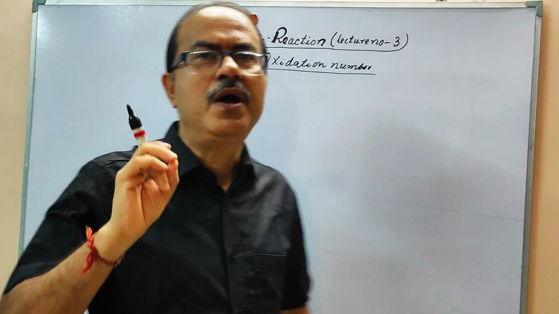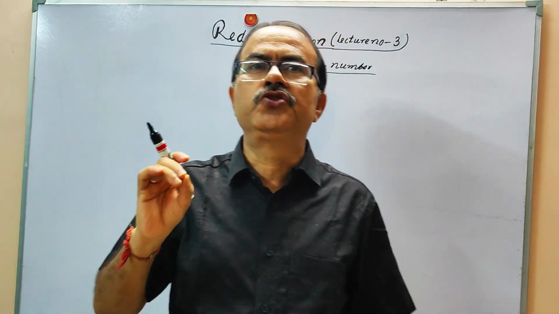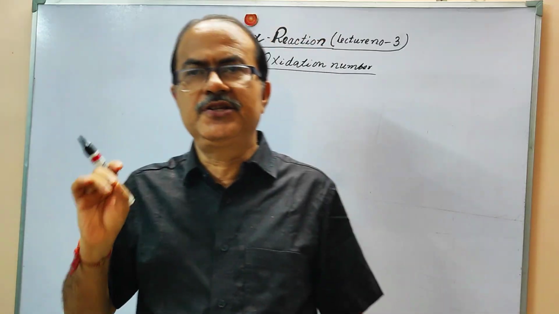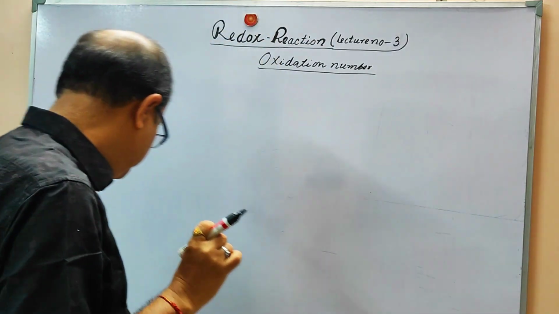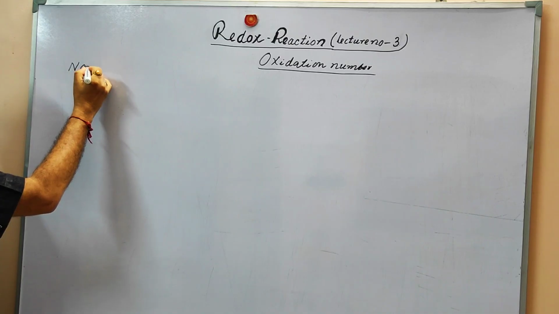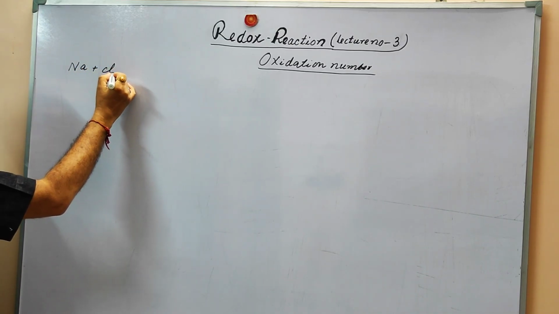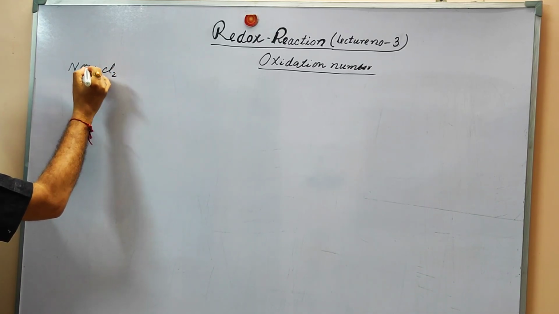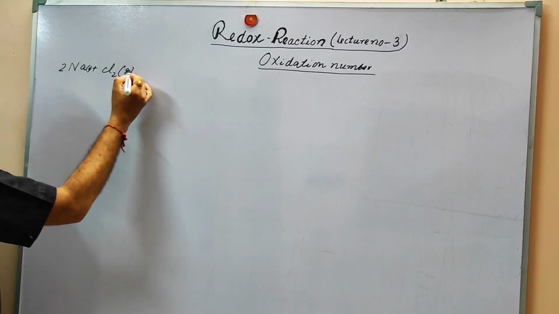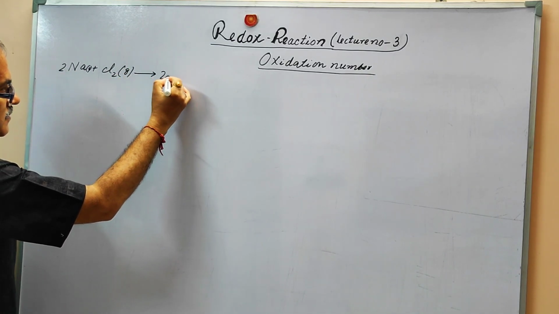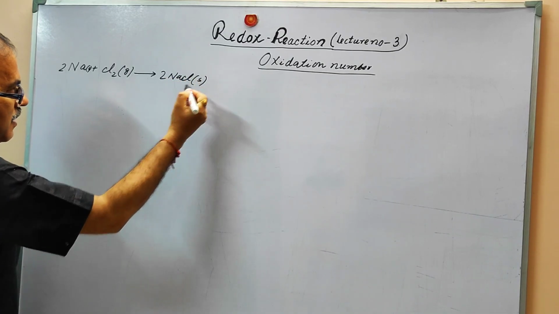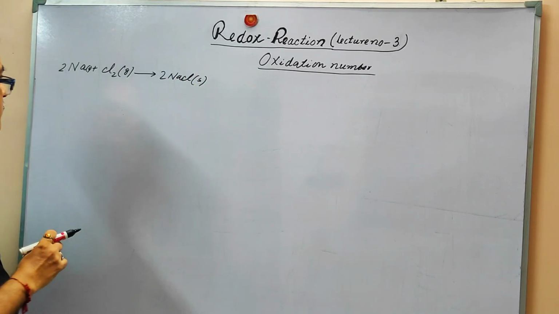First, we want to understand how this concept came. Suppose this is an ionic reaction. The most common ionic reaction is when sodium reacts with chlorine gas, it produces NaCl. That is a very simple and very popular ionic reaction.